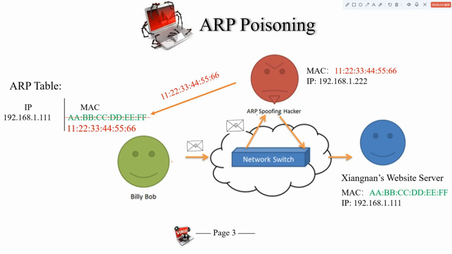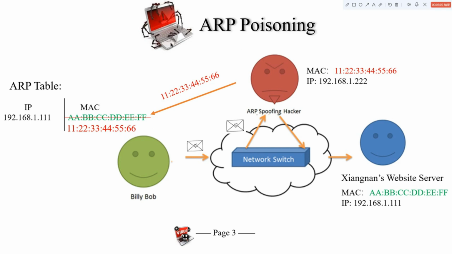So as an attacker, I just need to create a fake response package and send it to the user. When the user gets that fake package, he will see that the IP address is the IP address of the website server, but the MAC address is the attacker's MAC address.